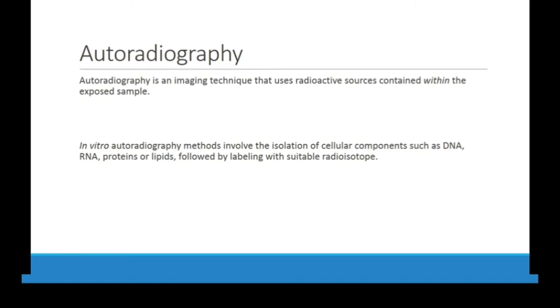So with in vitro, we isolate DNA or RNA, label it with a radioisotope, do the experiment in a test tube, and then detect the radiation on a gamma camera, which detects radiation like gamma radiation.